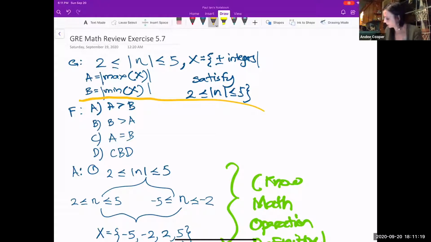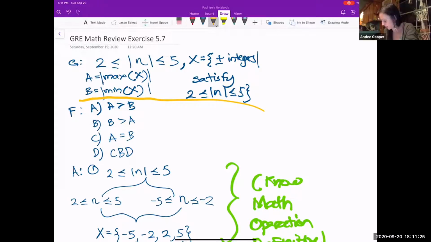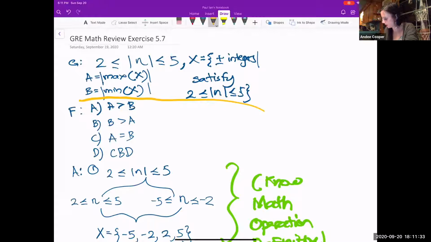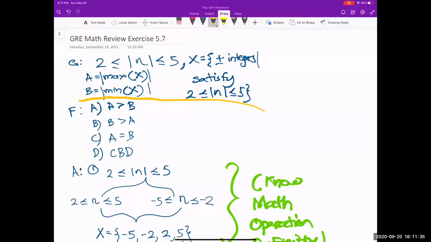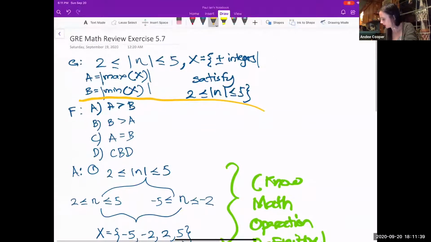So it's 5. Quantity A is 5. And what about B? It's the absolute value of the least integer in x, which would be 2.